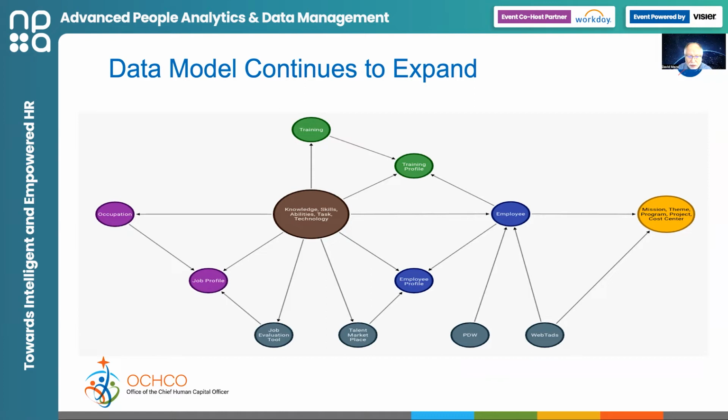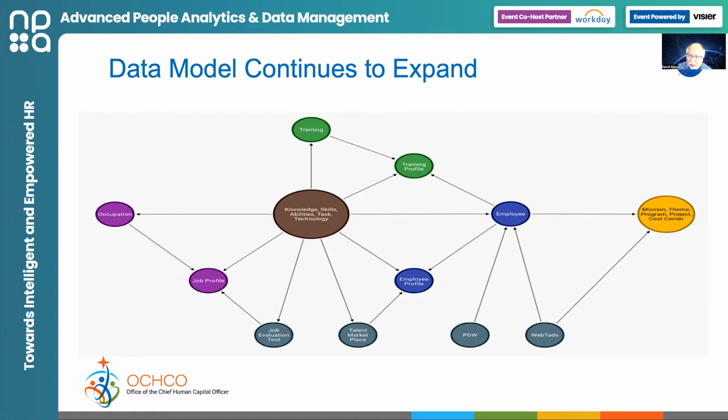We can then start developing applications on top of that to help us do job evaluation tools and add that information back into the knowledge graph, which helps us provide more information to our end users by showing them which jobs have which employees and at what level of skills they have currently in that occupation.